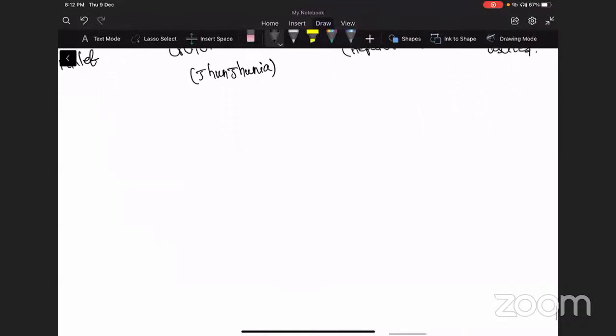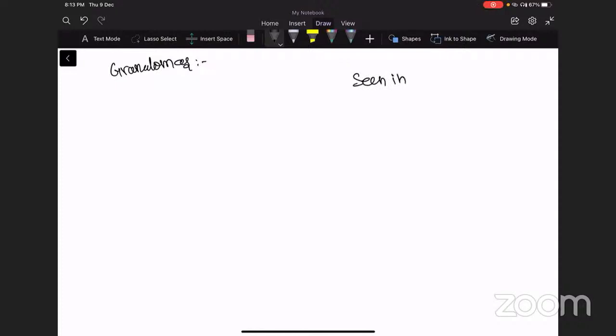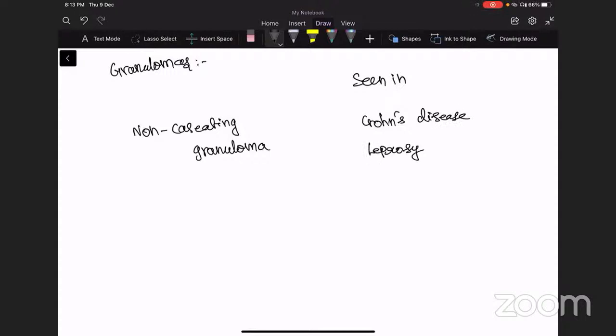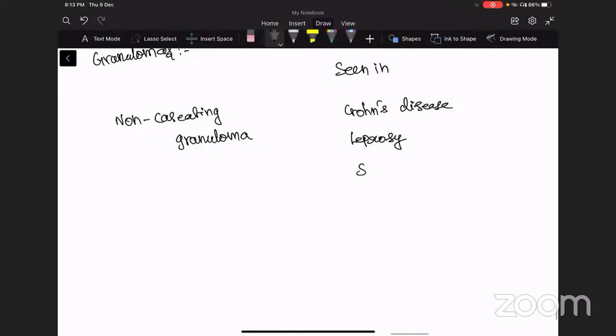Next, we'll move on to some named granulomas. Non-caseating granulomas are seen in Crohn's disease, in leprosy, sarcoidosis.